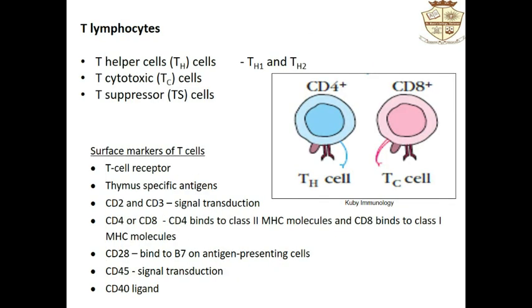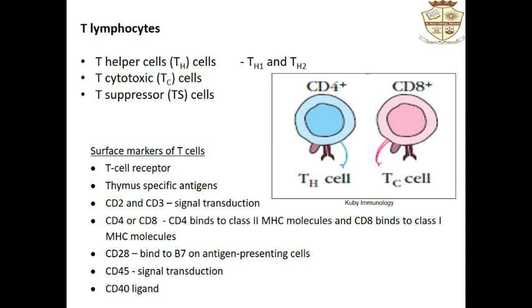T lymphocytes, they derive their name from their site of maturation, thymus. These cells have T cell receptor or TCR, which are membrane receptors for antigen. These cells cannot bind to free antigen. They will bind to antigen presented along with particular molecules known as the major histocompatibility complex or MHC.